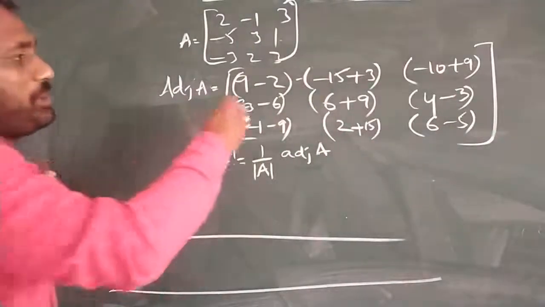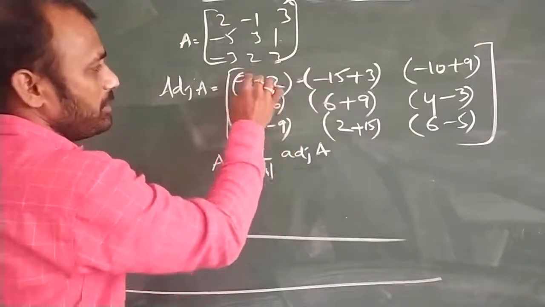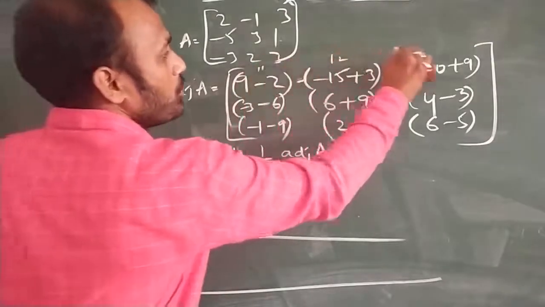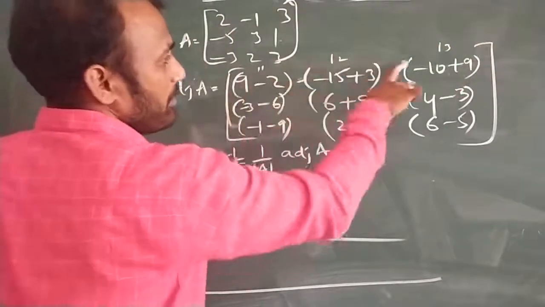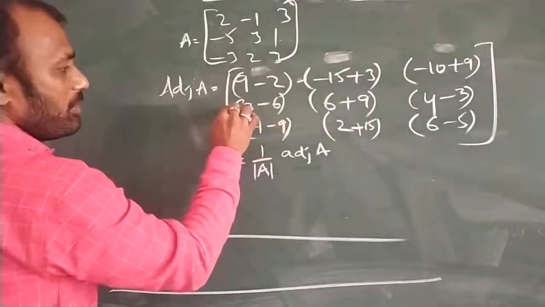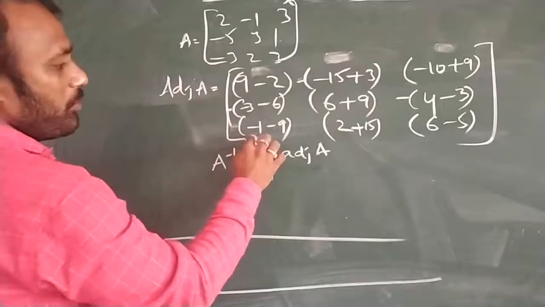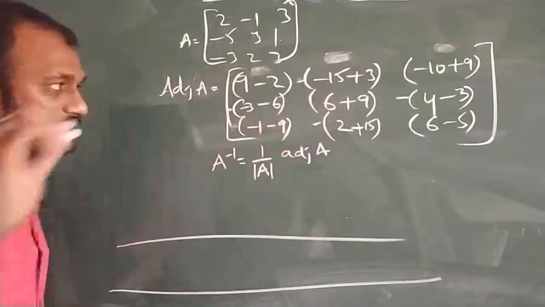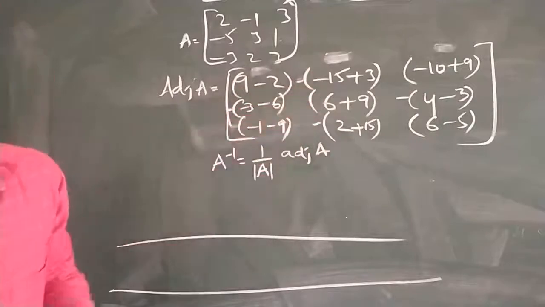After this, we need to put the symbols here. Here it will be a minus symbol, positions 1 1, 1 2, 1 3. For 1 plus 2, it will be the plus symbol. Here also the plus symbol, here 1 plus 3 will become minus, here plus, here minus, and for 3 1, 3 2, here it will be the minus symbol. So after writing the total adjoint matrix, we have to adjust with the minus symbols.